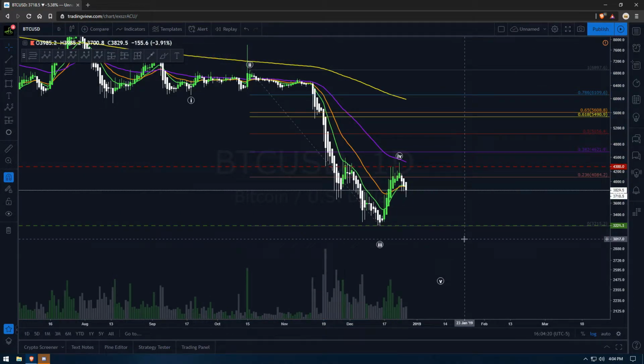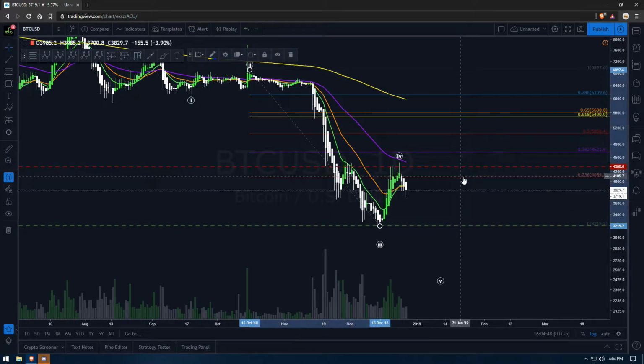So now, how do you calculate wave 5? Well, like I said, it's either equal to wave 1, or it's 1.618 the length of wave 1, or it's 2.618 the length of wave 1. Now, if wave 3 is less than 1.618, which in this case it's not, there are different ratios for that, and that's when wave 3 is not the extended wave.